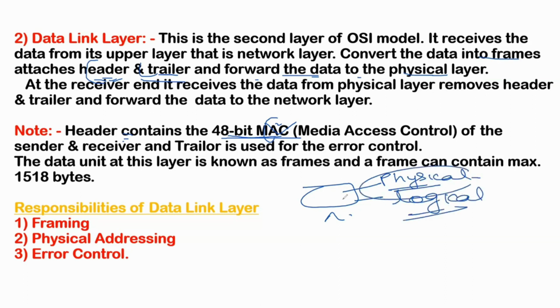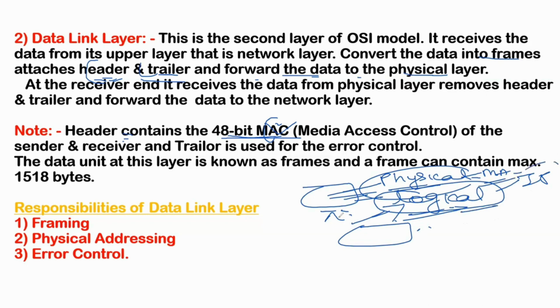The physical address is the identity of the device, and the logical address is used to identify the device in our network, meaning for the network part. Logical address is the IP address and physical address is the MAC address. So by the IP address, your device will be identified in any network.